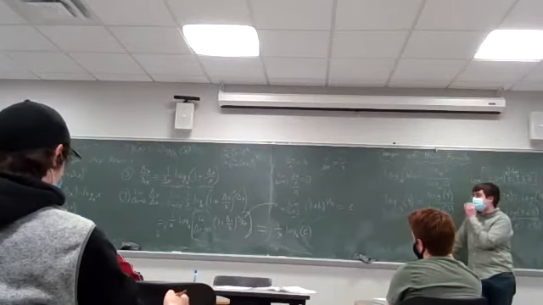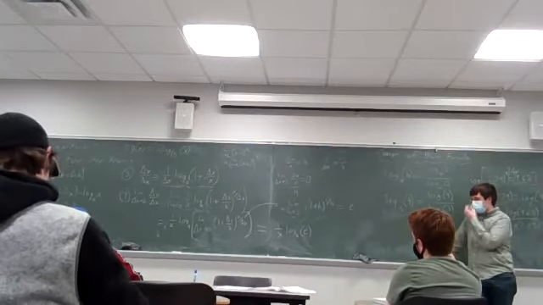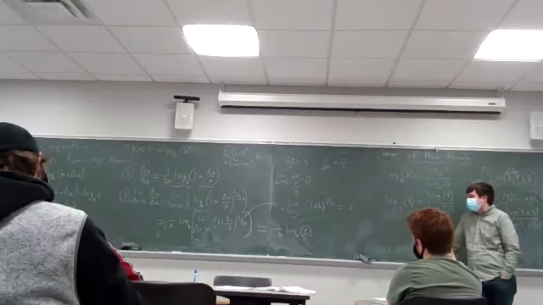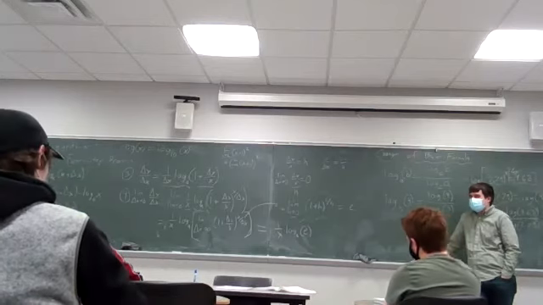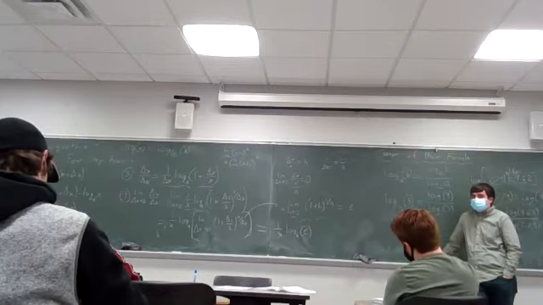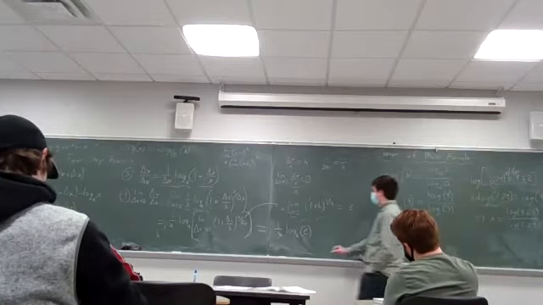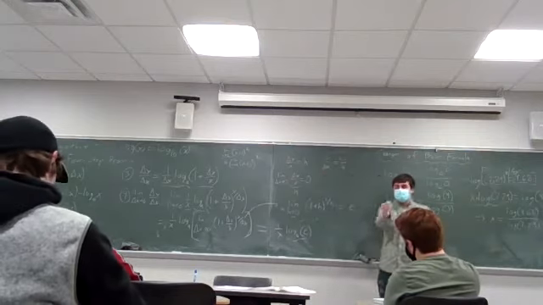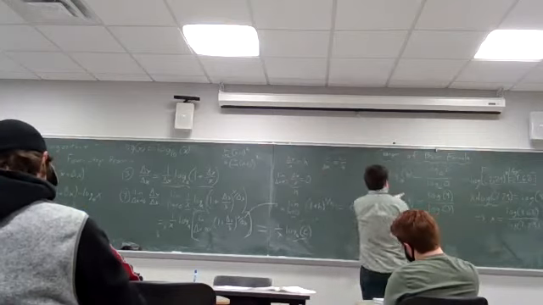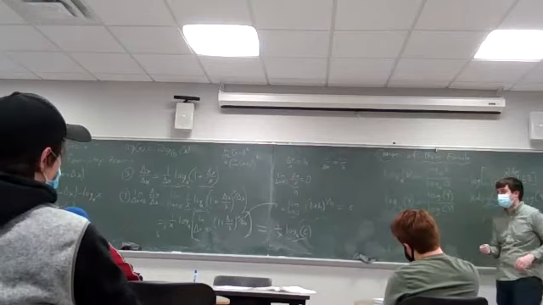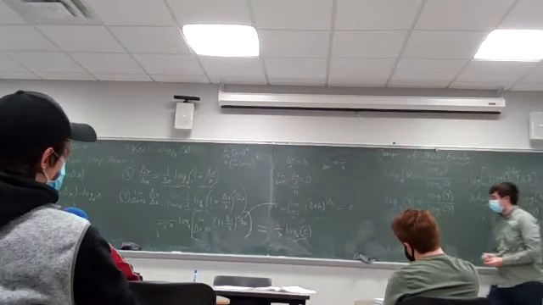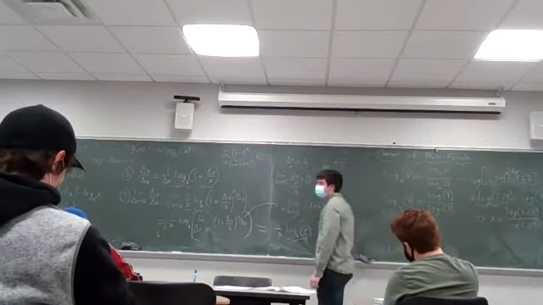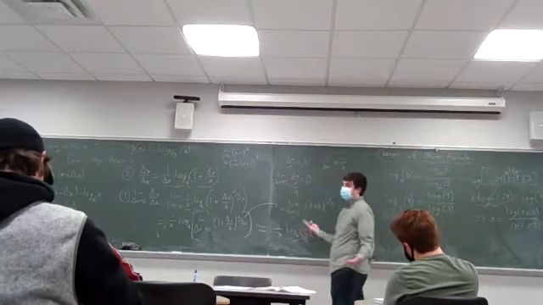And this is the way the book leaves it. I don't particularly think that's the best way to do that, because especially if you're working with a calculator, you're not typically going to want to do log base a of e. So what I'm going to do is appeal to the change of base formula, right?